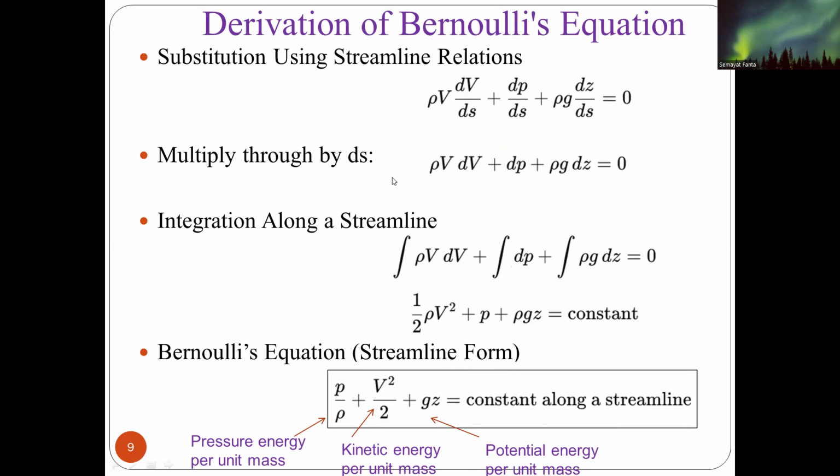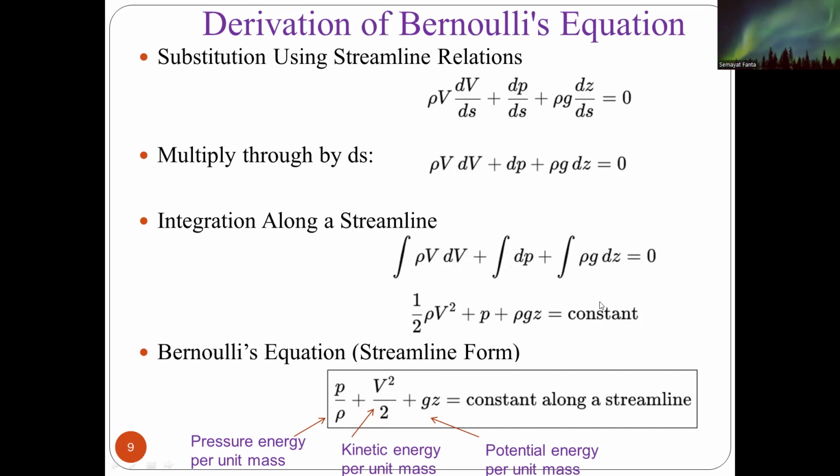And then we integrate this equation along the streamline. It provides us the integral of rho V dV plus the integral of dp plus the integral of rho g dz along the streamline. So that gives us half rho V squared plus p plus rho g z equals constant. This constant is the integral constant.